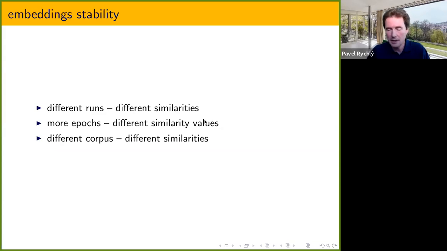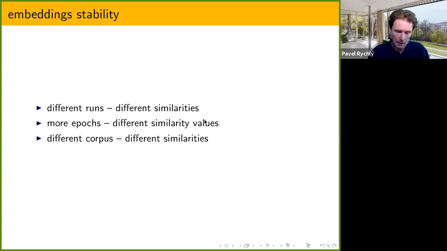We have different similarities of words or of the vectors of words, and when we make the computation longer from the same initialization, so we have the very same start, we run the algorithm, stop it, then save the results, and then continue with the learning, we also get different similarity values.